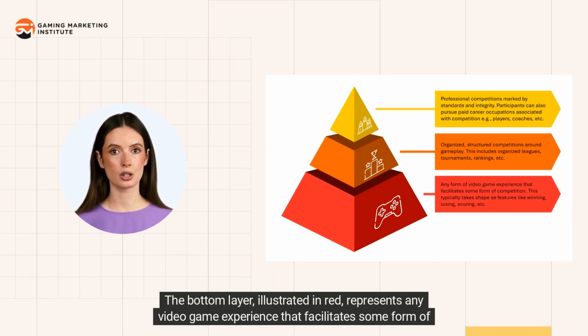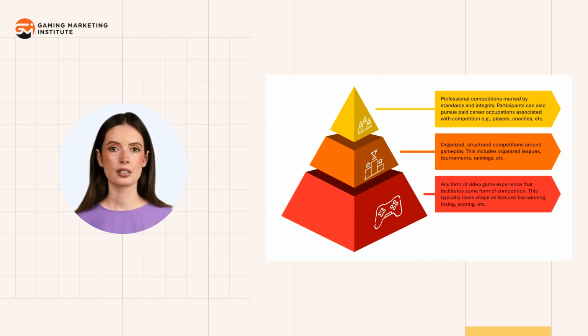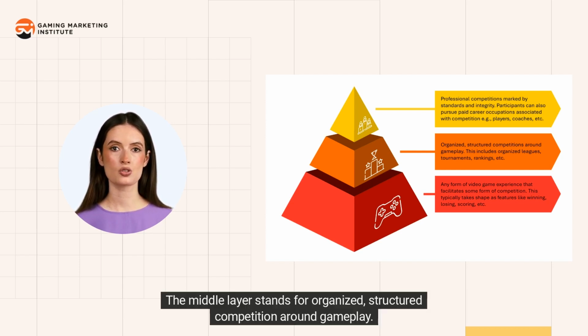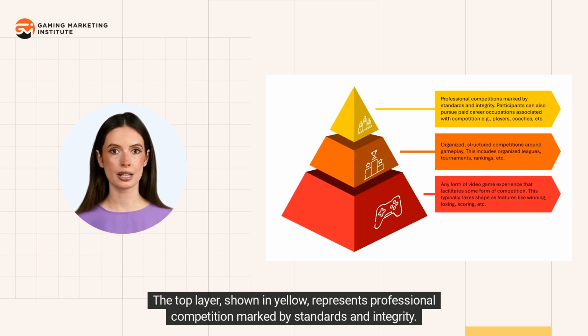The bottom layer, illustrated in red, represents any video game experience that facilitates some form of competition. This typically takes shape as in-game features like winning, losing, scoring, and so forth. The middle layer stands for organized, structured competition around gameplay. This includes organized leagues, tournaments, rankings, etc. The top layer, shown in yellow, represents professional competition marked by standards and integrity.